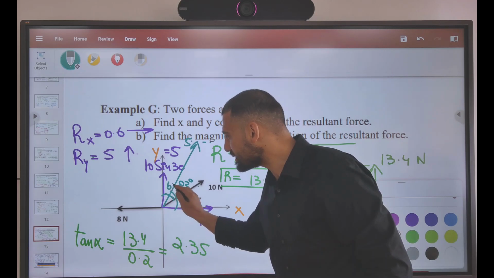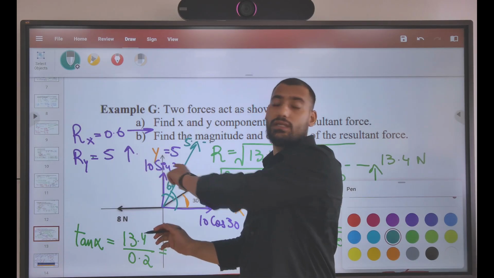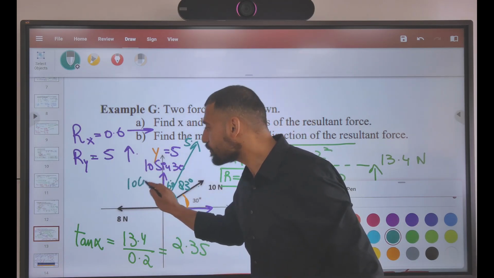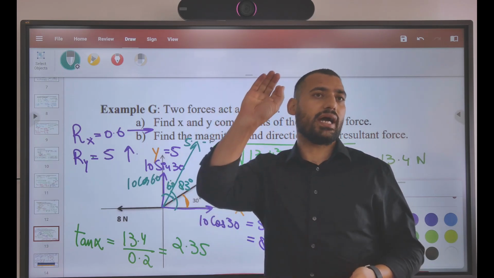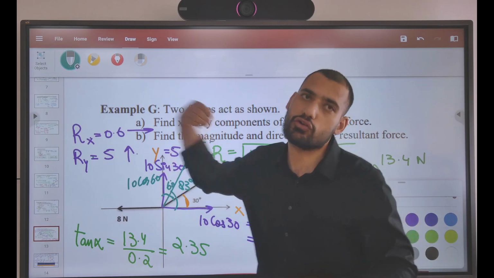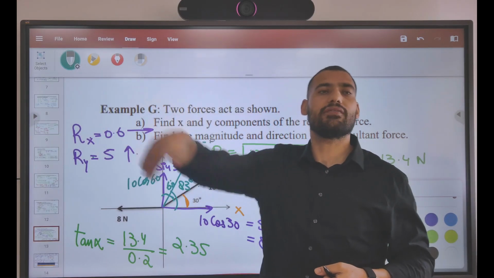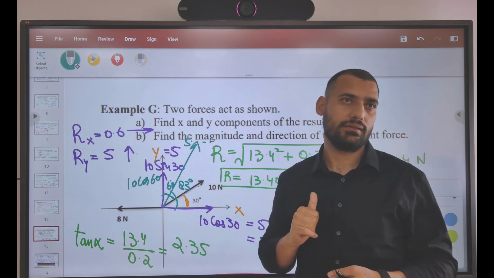If you take this as 60, then this is not 10 sine of 60. This is 10 cos of 60. Understood? So that is why I give you the trick. With whatever axis the angle is given, take the cosine component. The other will always be sine. But the same angle. Is that fine?